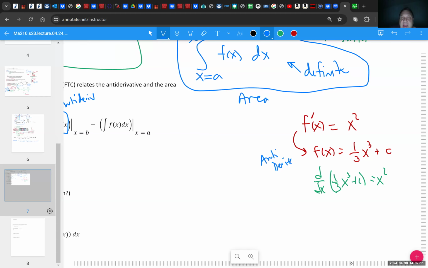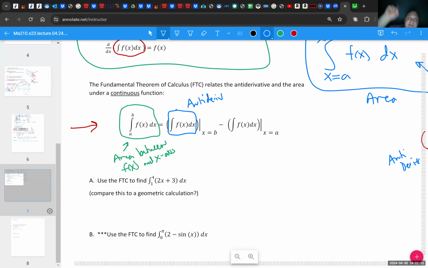And you may also remember that I introduced these line things. Maybe some people had seen them before, but a lot of Calc 1 students haven't seen these lines. This line just means evaluate, or plug in at that value. So we plug in b, which is our right-hand endpoint, and you get a number. So you get some antiderivative function, you plug in the right-hand endpoint, and you get an answer.